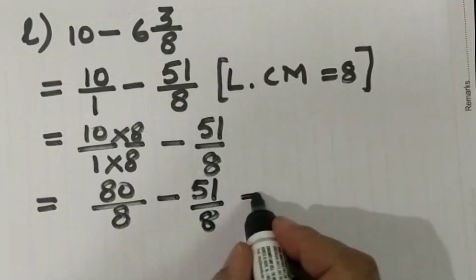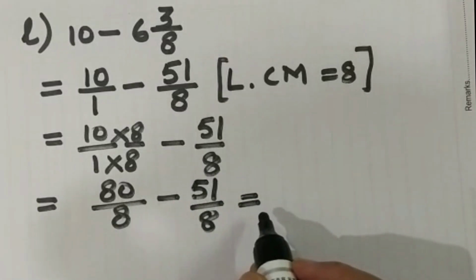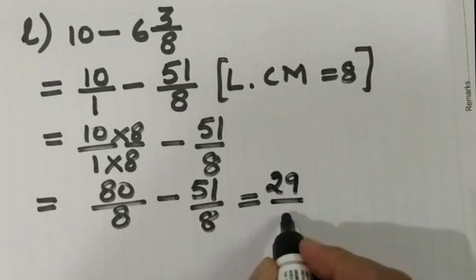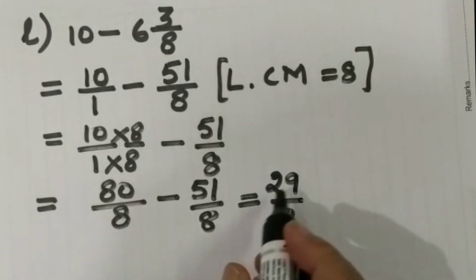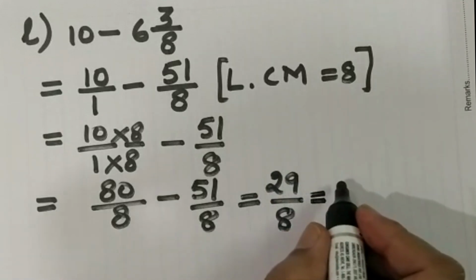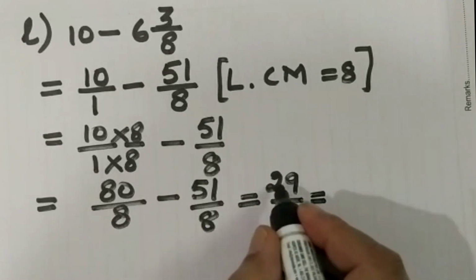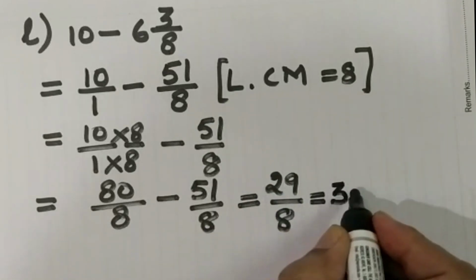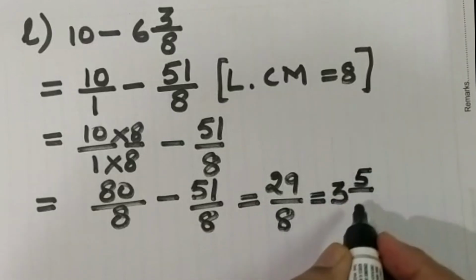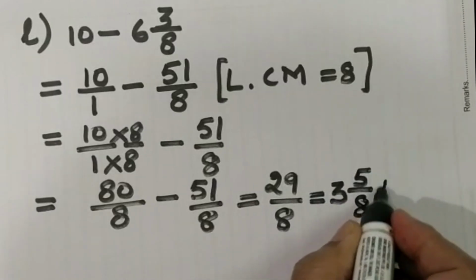So what do we get? 80 minus 51, 29 upon 8, and the numerator is greater, so we will convert into a mixed fraction. 8 threes are 24 and the remainder is 5. Answer.